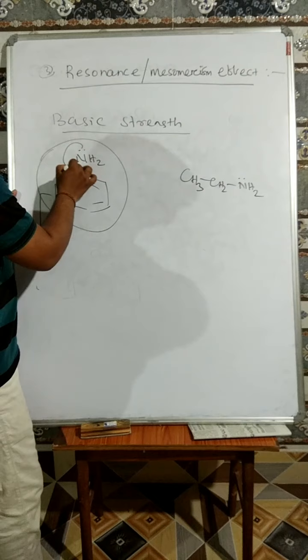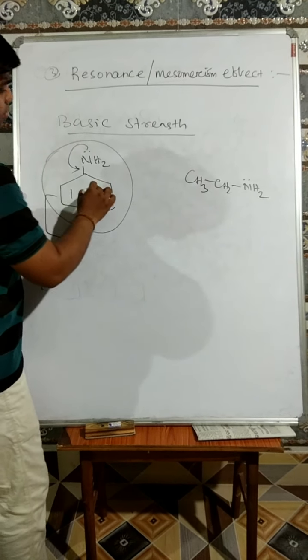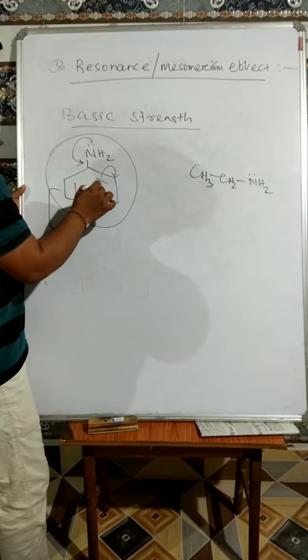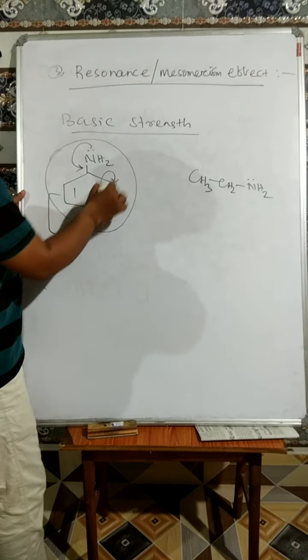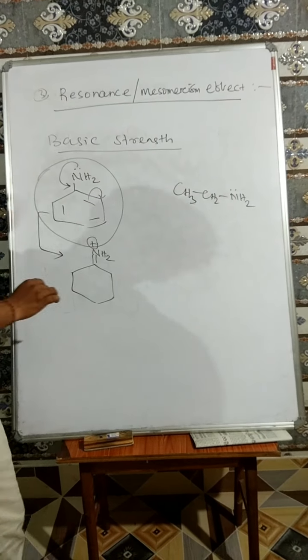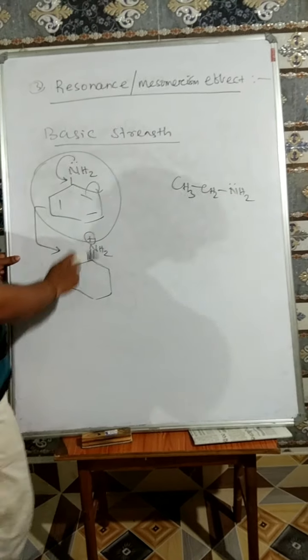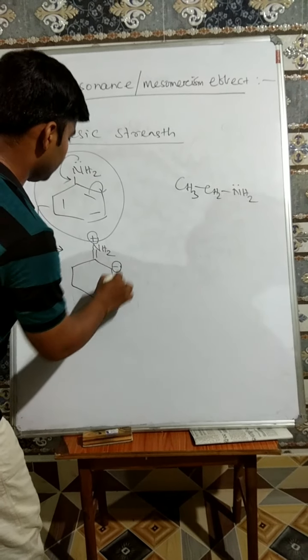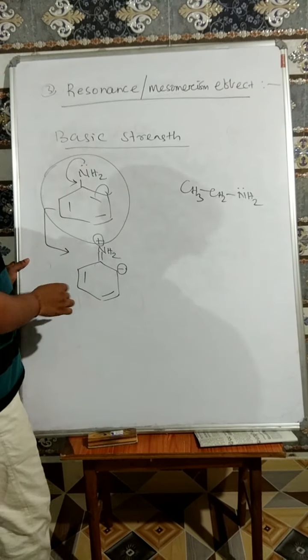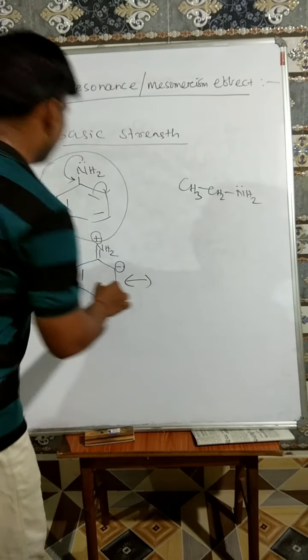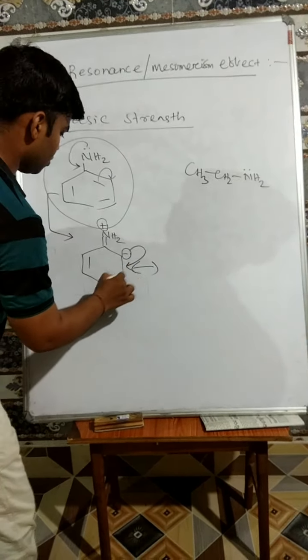Here, the lone pair electrons shift towards the carbon, and such conjugated pi bonds shift, and we get the resonating structure. Like here, there is a double bond, and as the lone pair electrons are lost by the nitrogen atom in the amine group, the nitrogen gets a positive charge, and in this way we can get more.